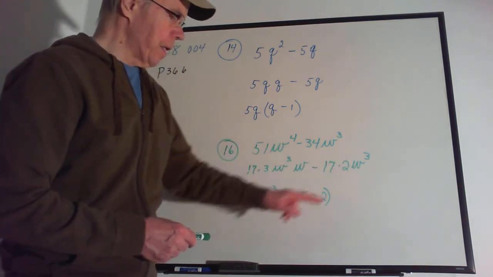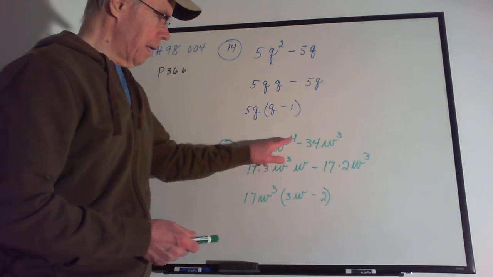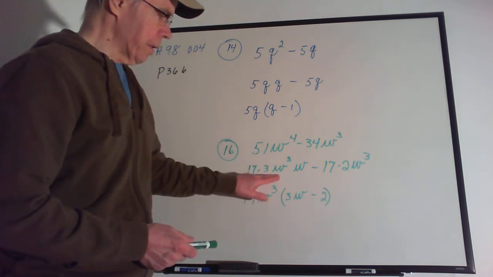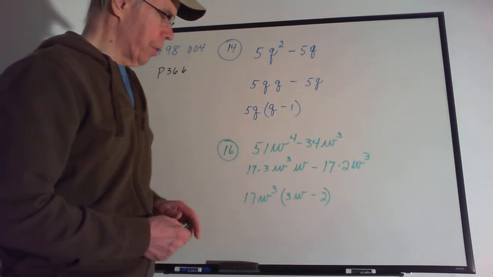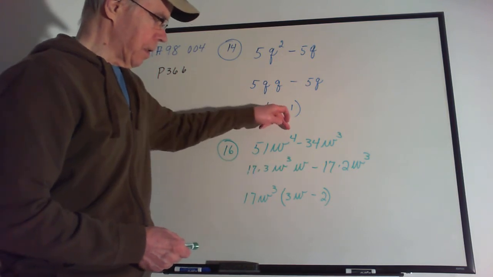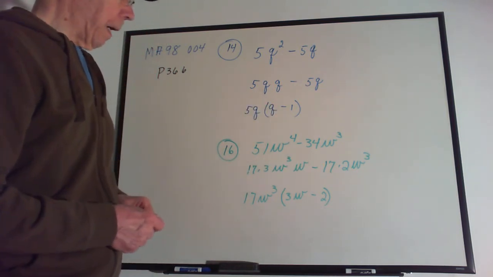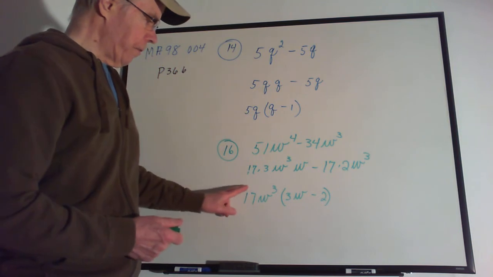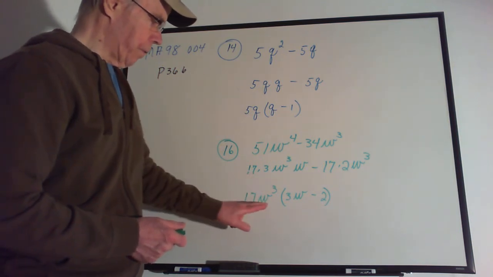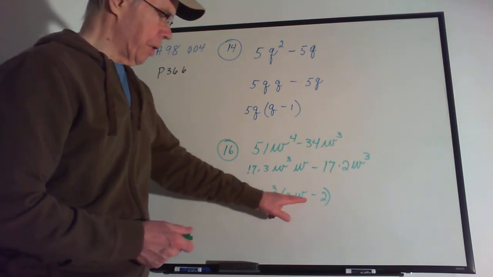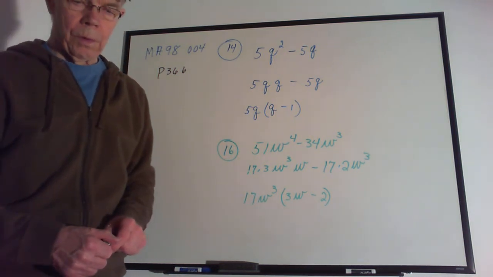There's w3, the third power here. This is 4, so I can break this up into w to the third power times w. When I add those exponents together, I'll get my w to the fourth power. So I take out the common factors, which is 17 and w3, and I'm left with 3w minus 2.